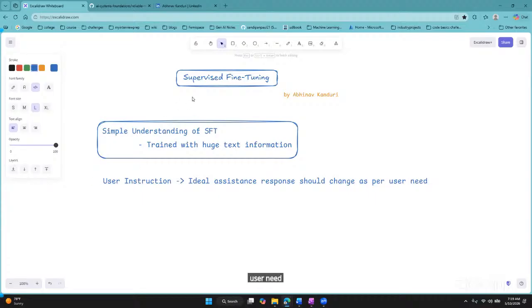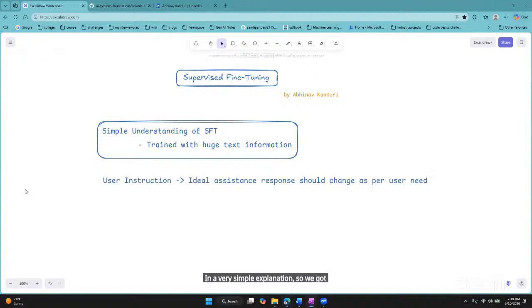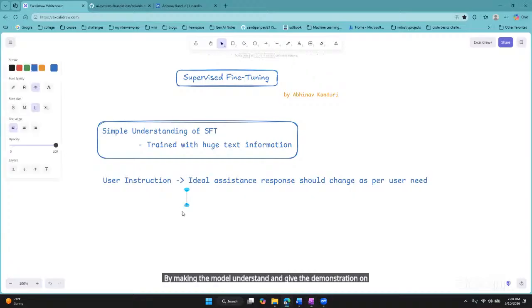Now, the problem it is solving is that the responses should always be focused as per user need. SFT solves this by making the model understand and giving demonstrations on the data.